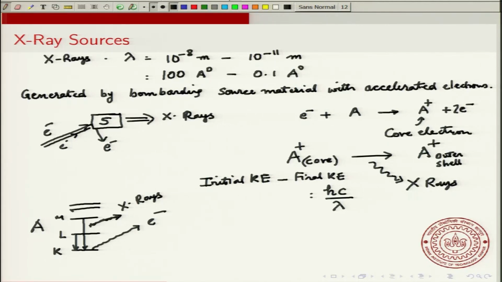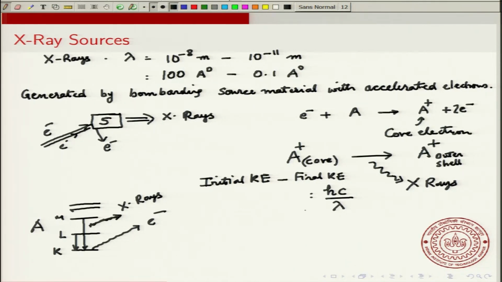Now clearly, if this final kinetic energy is 0, that means all the initial kinetic energy of the electron is transferred into the X-ray beam, then the wavelength will be the smallest, or the energy of the X-ray will be the largest.